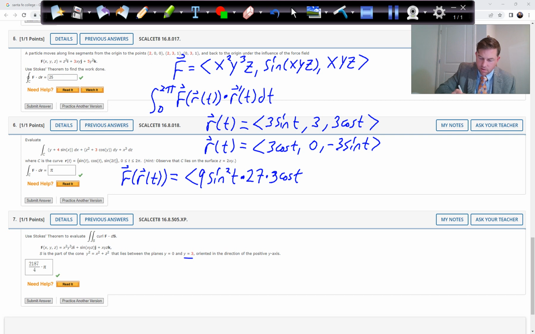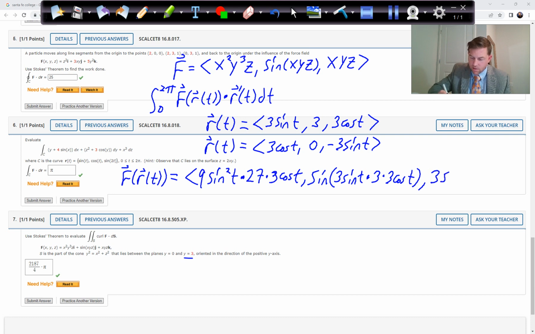So you can see how this can get a little messy, and we're replacing these x, y's, and z's with this parametric representation of this vector r. Now the middle term is sine of x, y, z, so it's sine of x, which is 3 sine t, times y, which is 3, times z, which is 3 cosine t. That's all inside of a sine function. Then the third term is x, y, z, so it's exactly what this one looks like: 3 sine t times 3 times 3 cosine t.